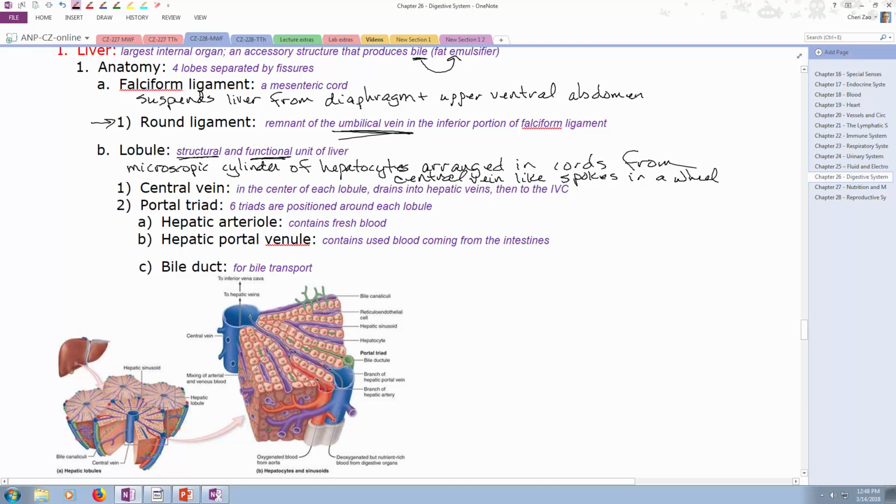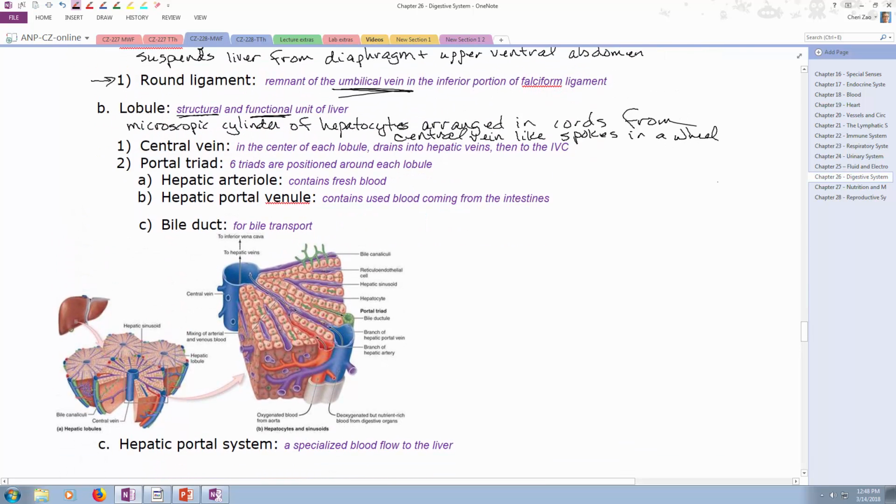The central vein is the easiest structure to identify histologically when you look at a liver slide. It is the largest vascular structure in the liver tissue itself, in the center of the lobule, and it drains into hepatic veins, which then drain into the IVC posterior to the liver.